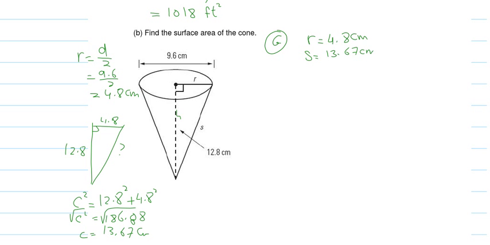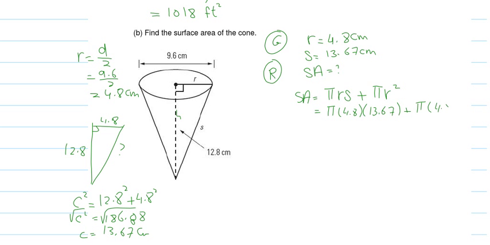Your formula is pi r s plus pi r squared. Plugging in 4.8 for r and 13.67 for s, it should give you 278.5.